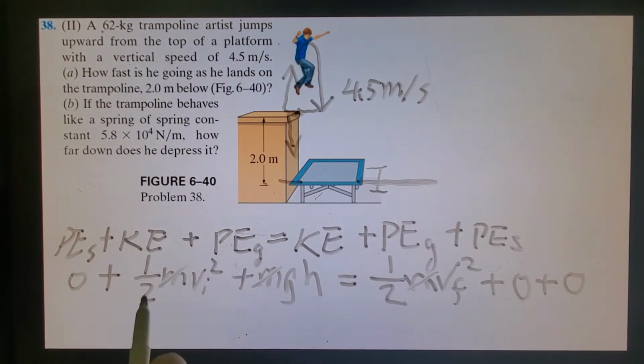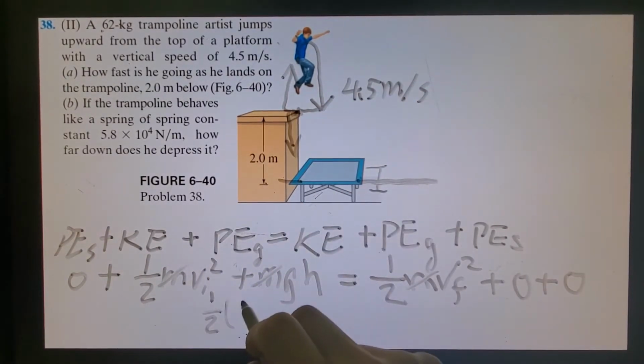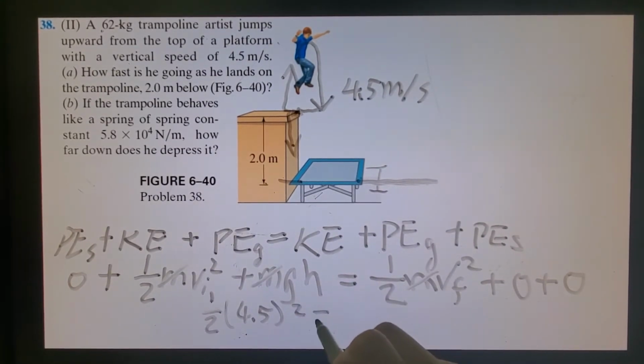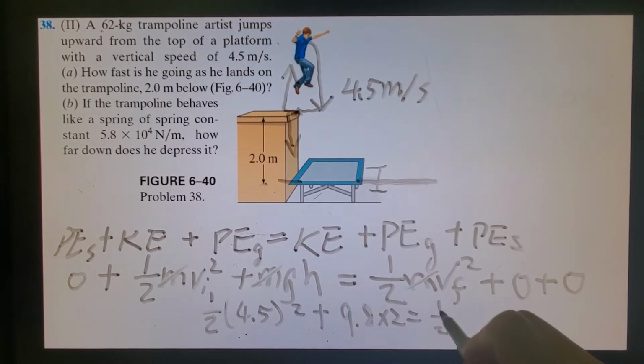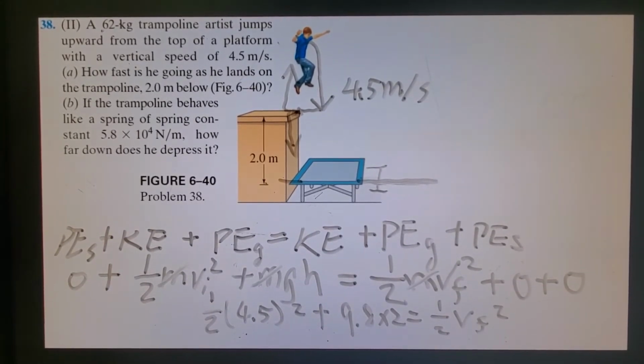What I'm going to do is half times v initial squared, that is 4.5 squared, plus g, that is 9.8 times 2, equal to half times v final squared. I'm going to use my calculator.